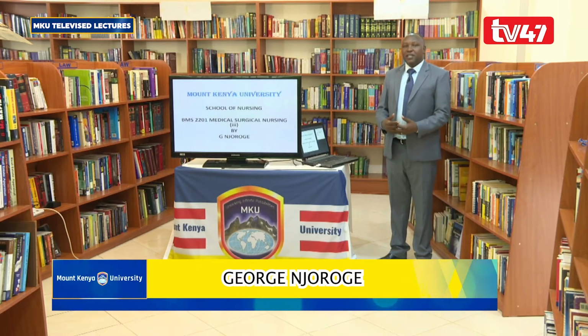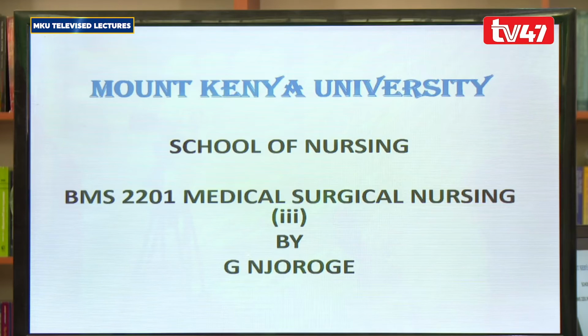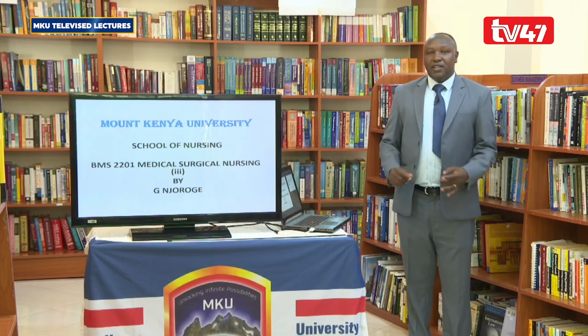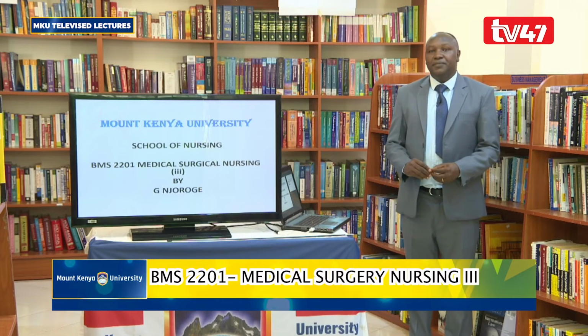This is about medical, surgical, nursing 3. We have been discussing the systems, and the systems for medical, surgical, nursing 3 include the endocrine system and the musculoskeletal system. This time we are going to deal with the musculoskeletal system.